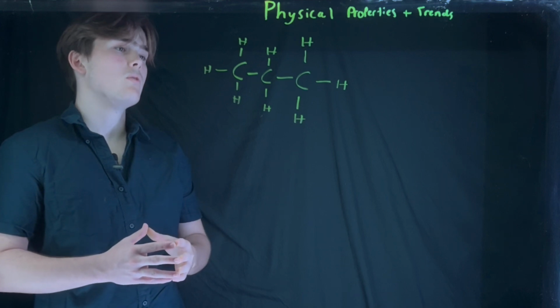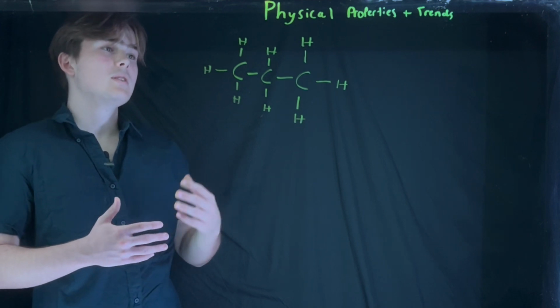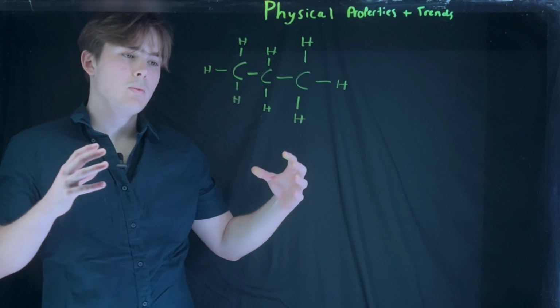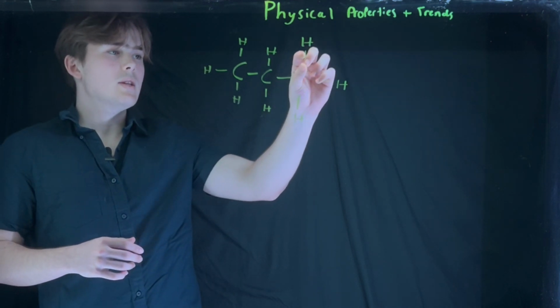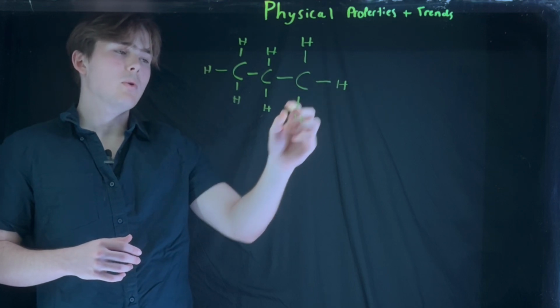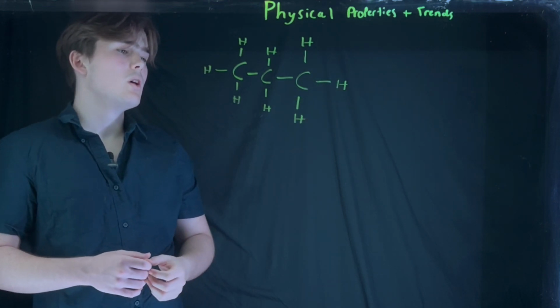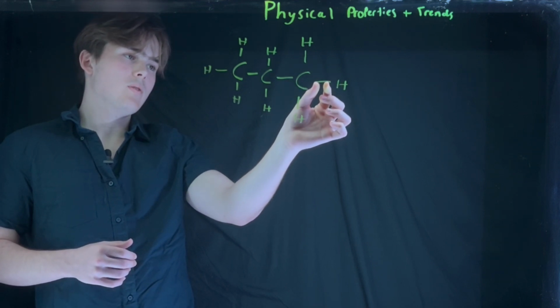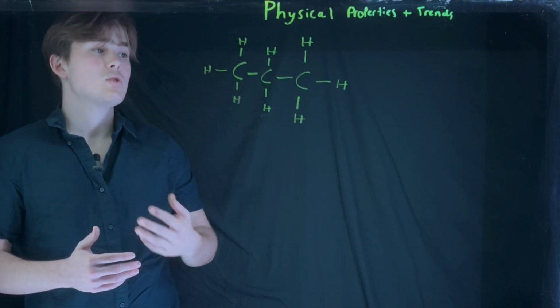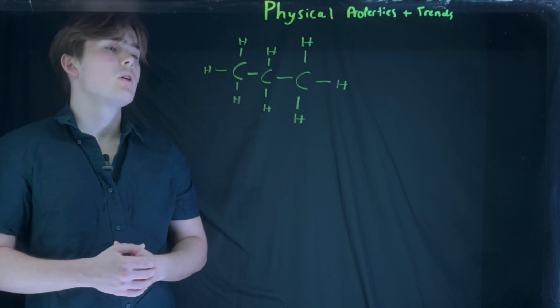They're all examples of covalent bonding. That's basically the bonding that keeps those atoms together. All of these lines represent a covalent bond between two different atoms, so between the carbon and the hydrogen atom here, there is a covalent bond, which is an intramolecular force.